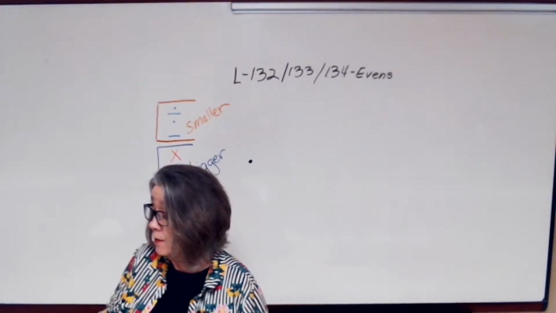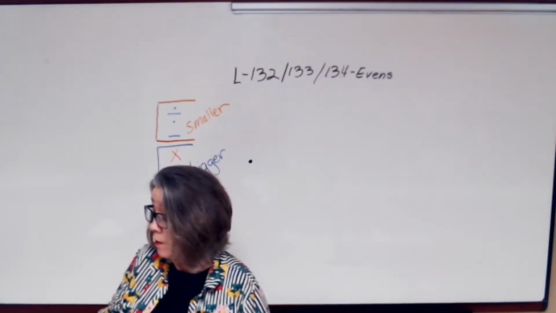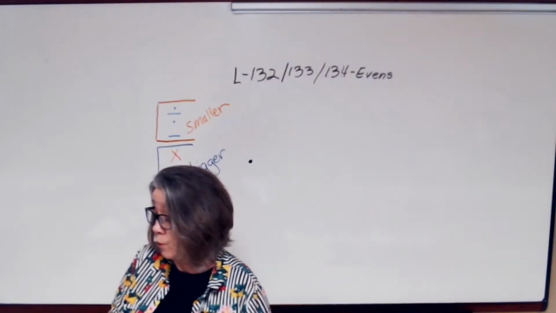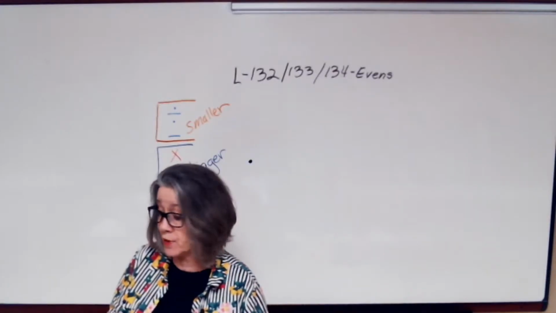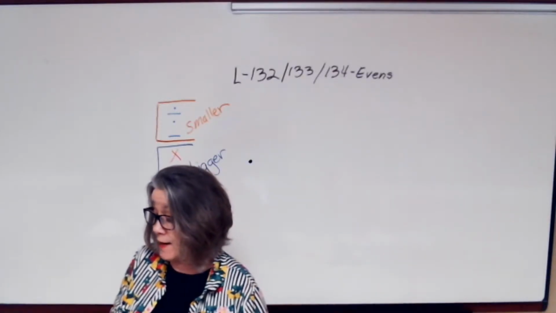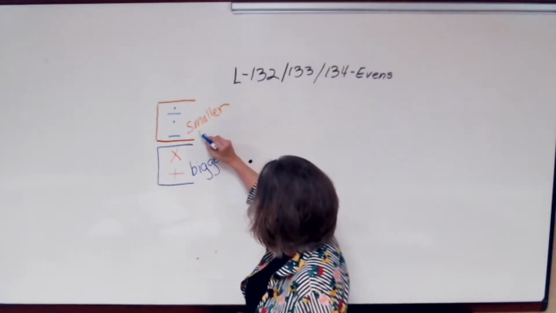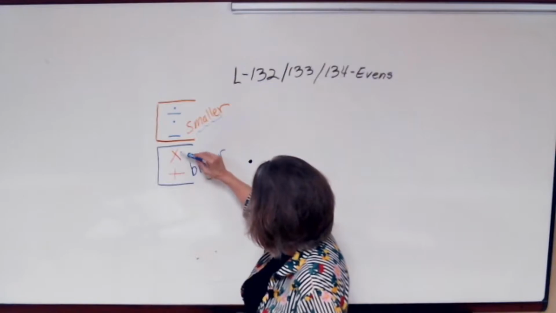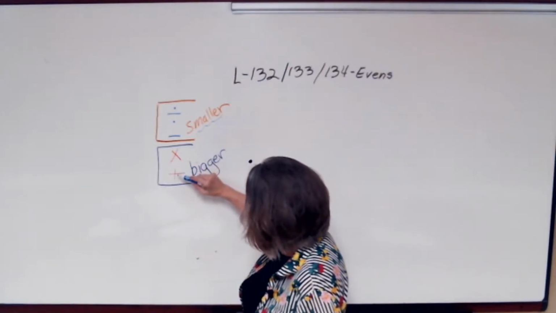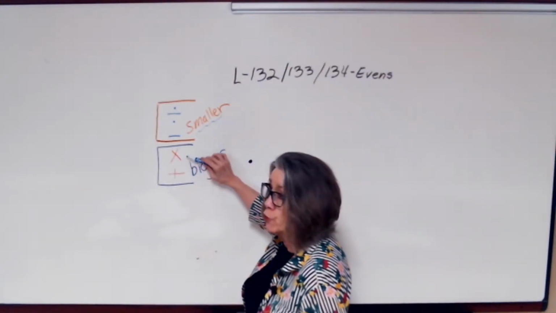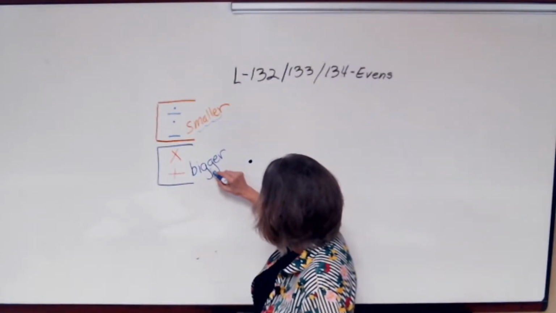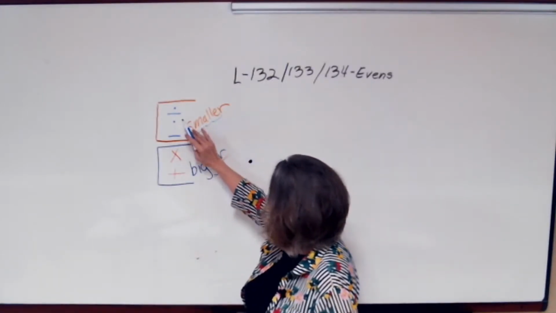340 divided by 10. Let's look at the example. It says 3.4 divided by 10. Now remember, anytime you divide or subtract, the number gets smaller. When you multiply or add, the number gets bigger. So their number's going to get smaller.